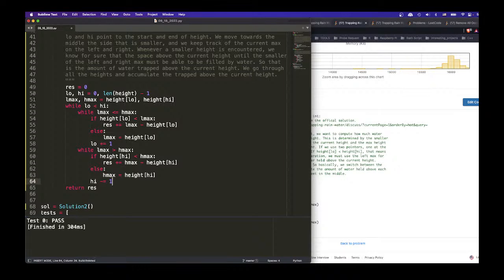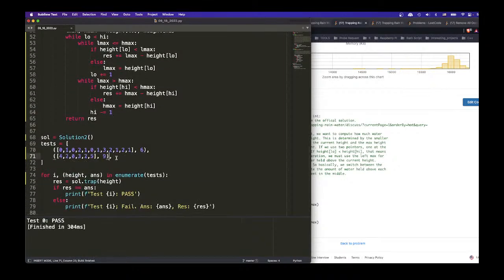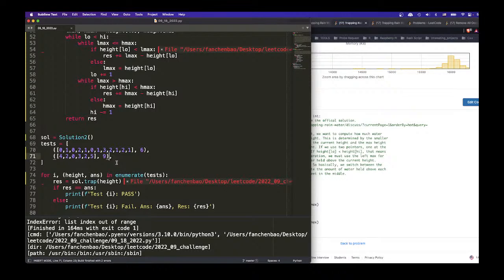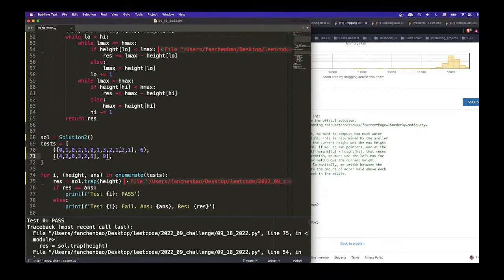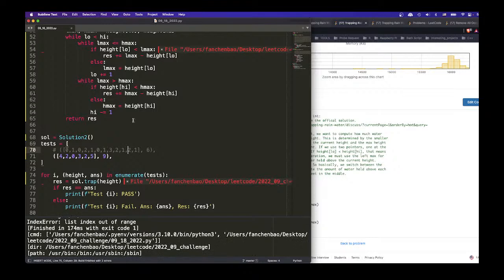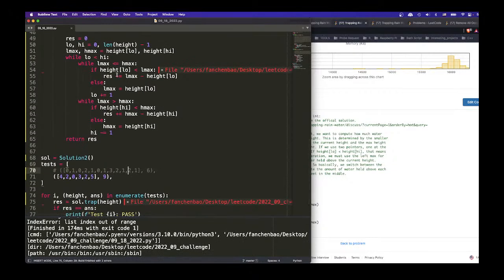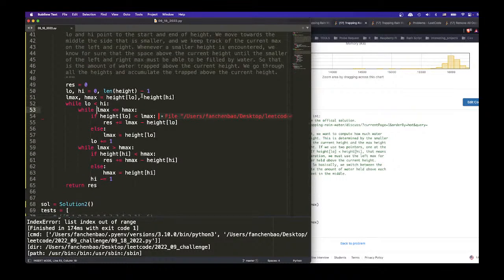Let's see this one. This one seems to be right. I don't have index out of range. Let's investigate. Oh yeah, it'll just keep going. So it has to be, maybe I don't need this.